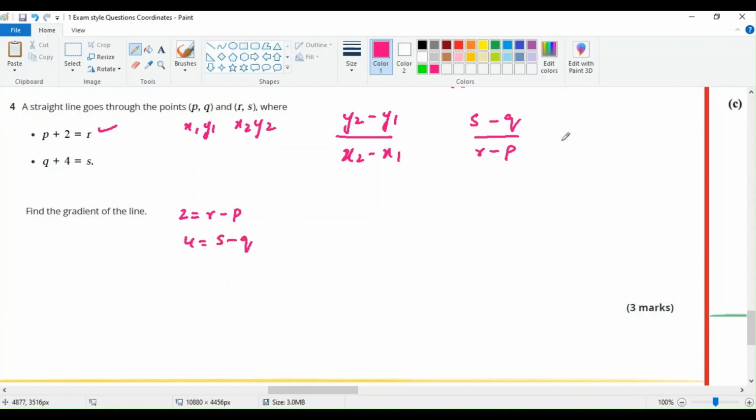Now we know very well that s minus q is equal to 4 and r minus p is equal to 2. That means the gradient of the line is 2. So m is equal to 2. This is a 3 marks question.